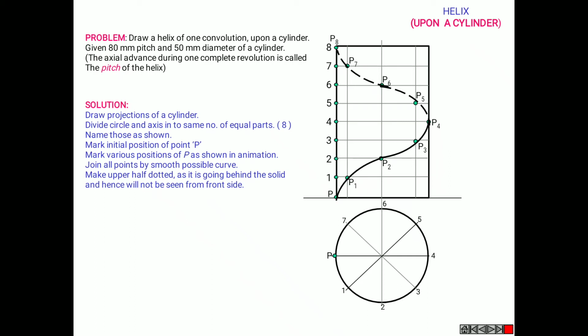Now the lower half is in dark line and the upper half is in dotted line, since the cylinder looks this way, so the section will be after this, and the backside one is invisible, so that should be in dotted line.